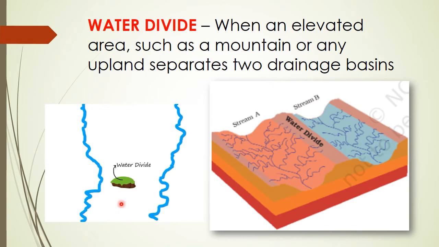You can see here in this diagram also, because there is a mountain, this stream will flow this side and the other stream will flow on the other side. That which is dividing the water is called water divide. Either a mountain, hill or any elevated land which divides two drainage basins is called water divide.